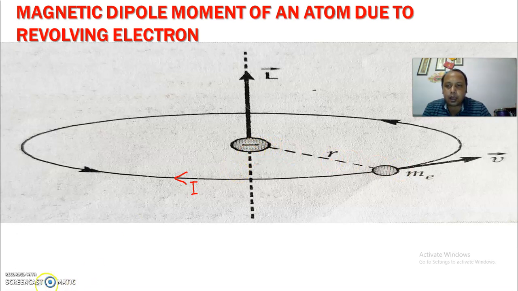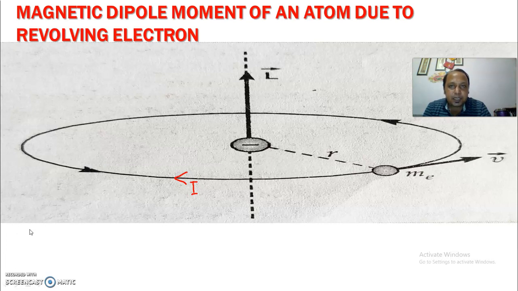Now, if we want to find the value of angular momentum, you must know that in vector notation, L is equal to r cross p, where p is the linear momentum.